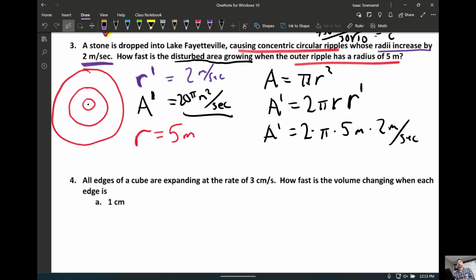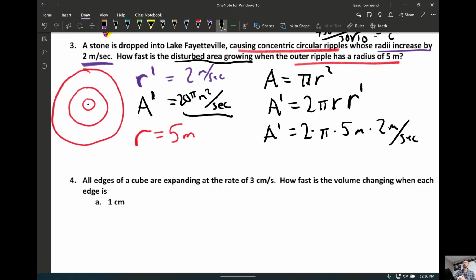But now, to be fair, it is kind of hard to measure how fast the radius is increasing. That's not something that you could measure very accurately, very easily. But once again, a picture helped. We defined the variables. We tried to think of a geometric formula that ties this stuff together. Question 1 was the volume of the sphere. Question 2 was Pythagorean theorem, right triangle.